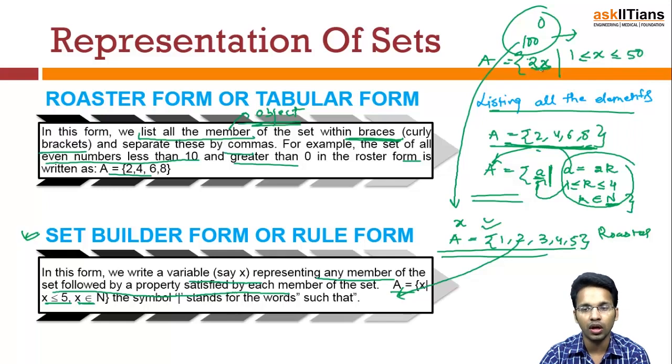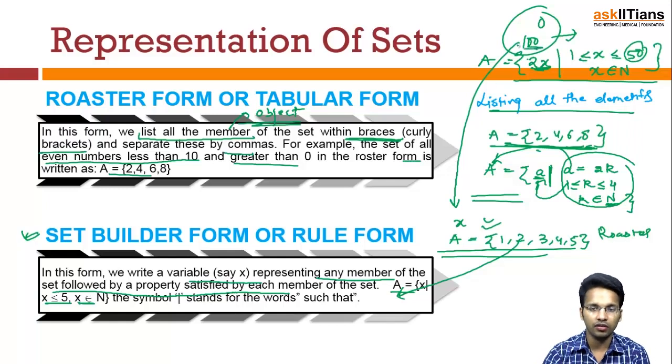This starts from 2 and ends at 100, covering all the even numbers. If I want 100 inclusive, I'll put an equality sign, otherwise I'll exclude it.